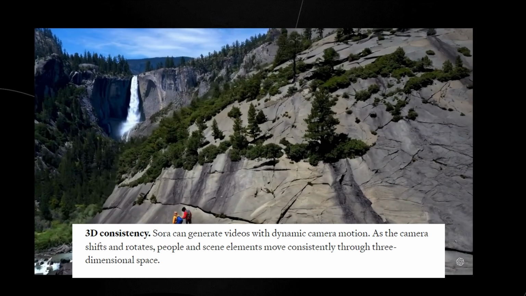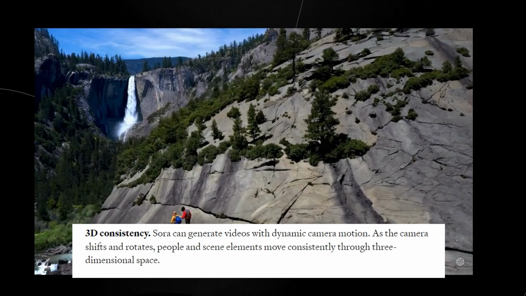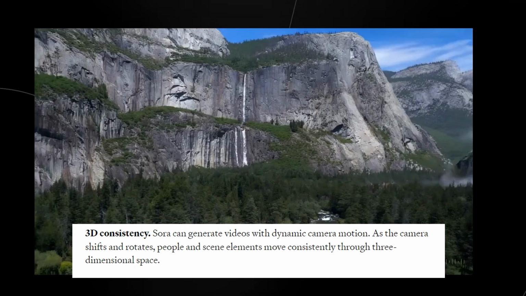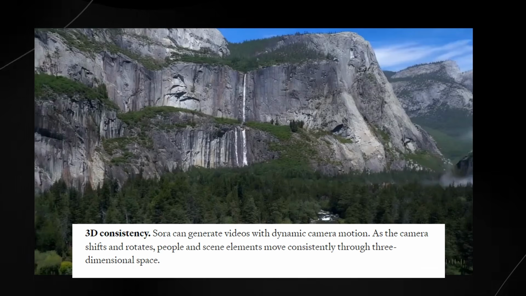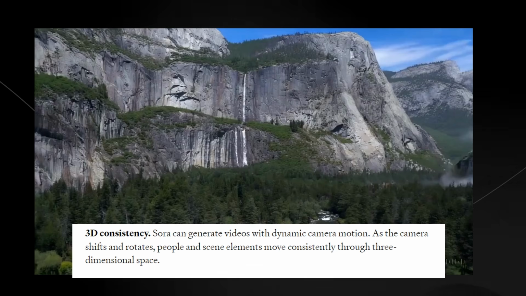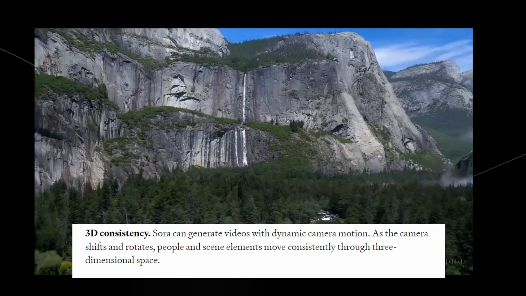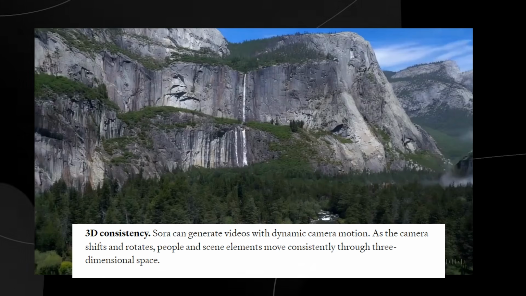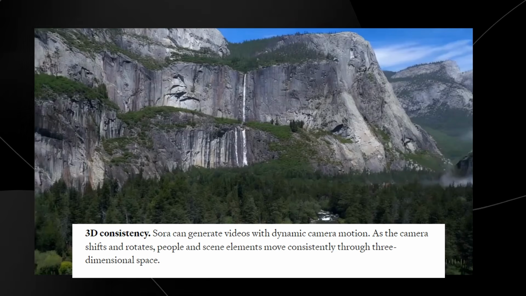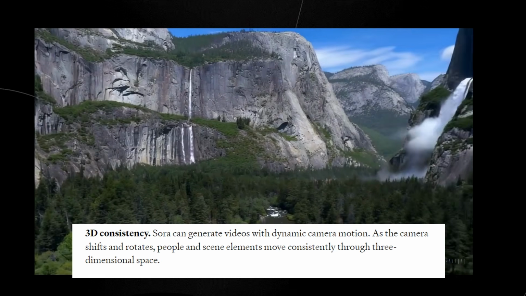The ability for Sora to generate high fidelity videos for up to a minute long literally introduces the possibility of creating detailed simulations of the physical world. And of course, for AGI, being able to simulate complex dynamic environments and interactions is essential for understanding causality, physics, and social dynamics. And of course, all of this is going to enable a more sophisticated reasoning and prediction model.